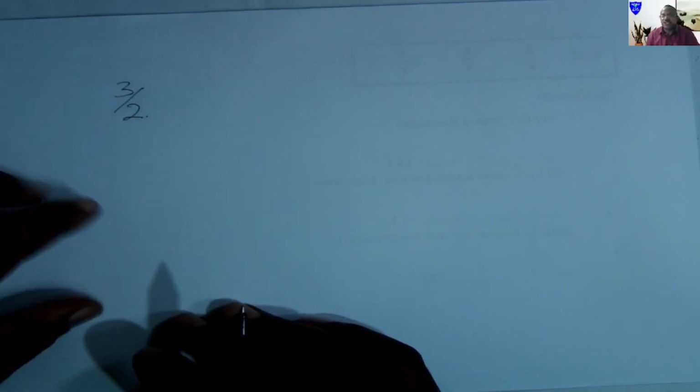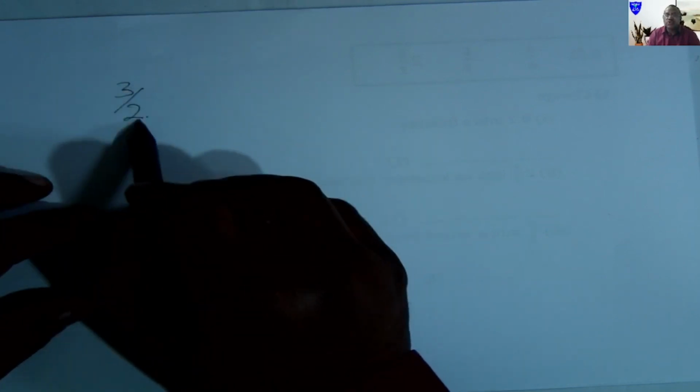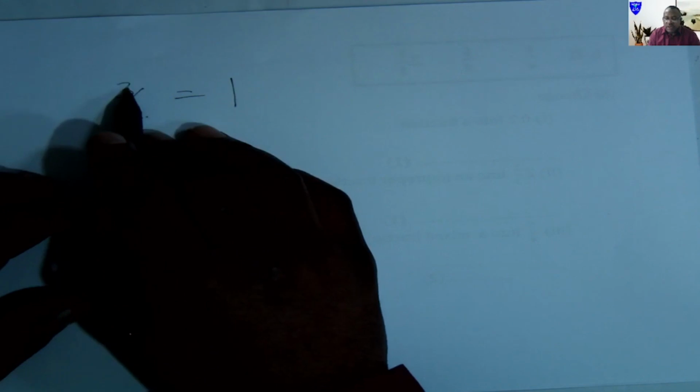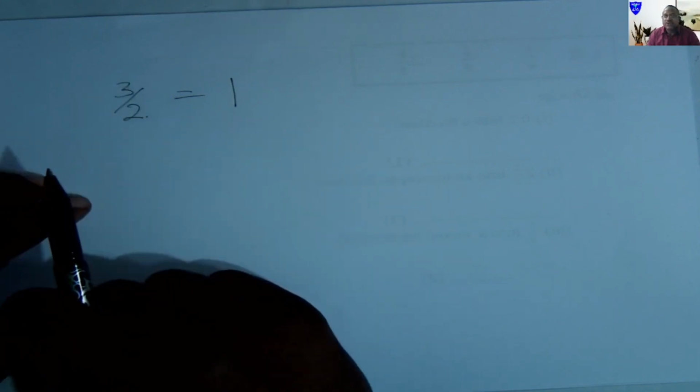If you are asked to change this into a mixed fraction, what you simply do is divide 3 by 2. Okay, now how many 2's can you find in 3? There is only one. Only one 2 can go into 3 with a remainder of 1.